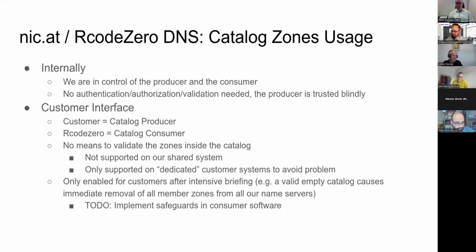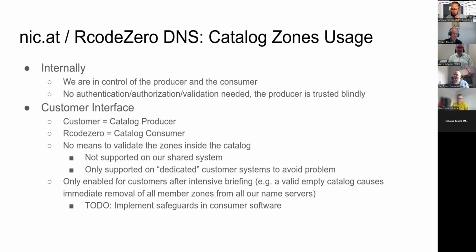Okay, my idea is that because all zones automatically have some sort of a hostmaster email address, including the catalog zone, I suppose it's out of band, but the errors could be sent as email to the address in the start of authority record, the SOA record, in the catalog zone.